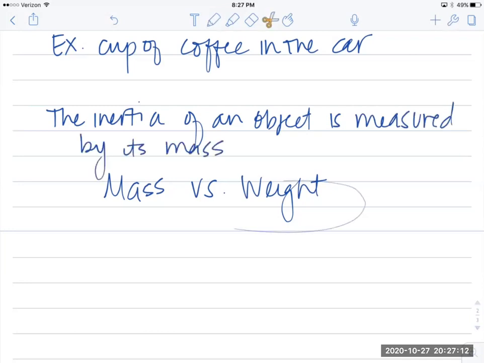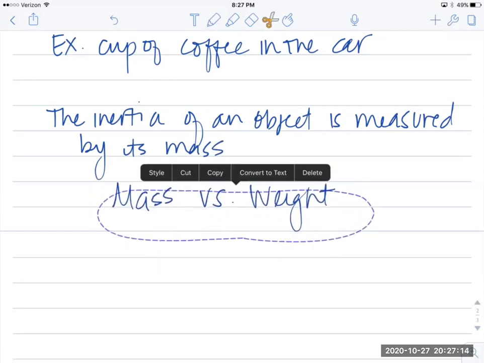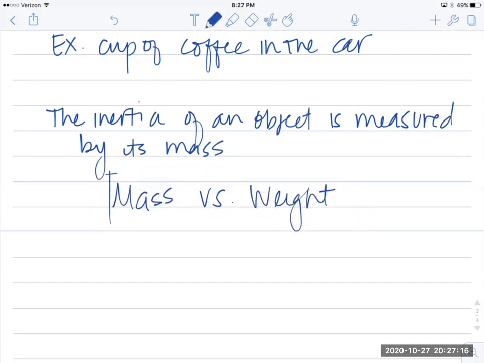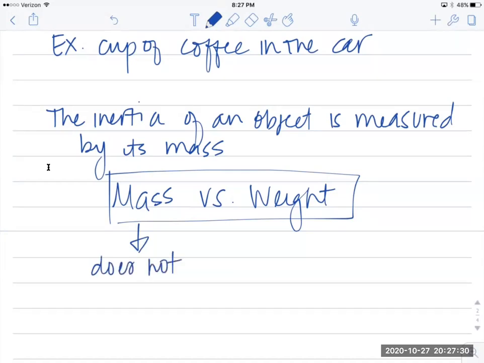These two words, mass and weight, have been used interchangeably. However, mass does not vary with location, whereas weight does.